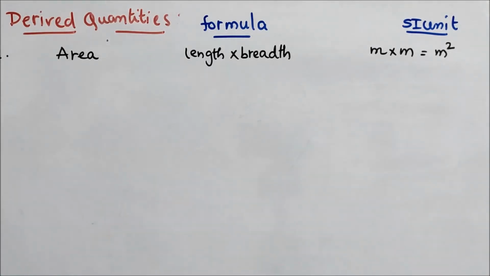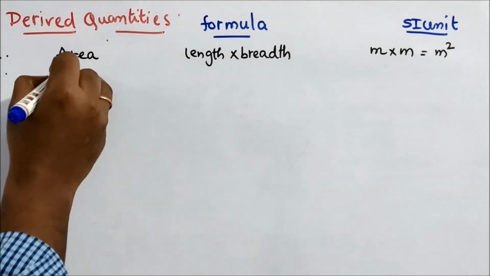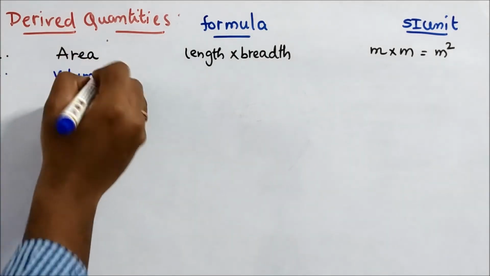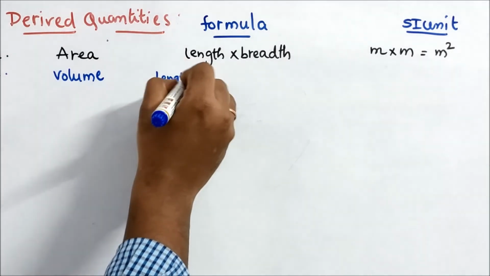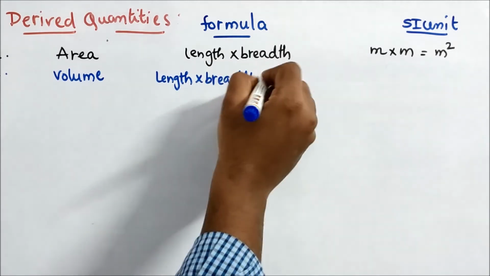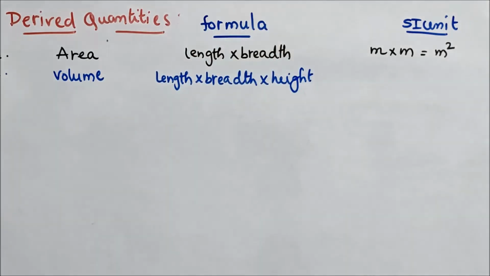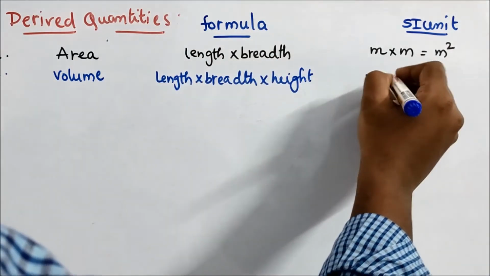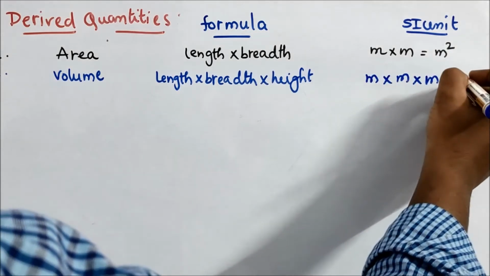Let us take one more example. Example 2, volume. Volume is defined as length into breadth into height. The unit of length is meter, the unit of breadth is meter, and the unit of height is again meter.